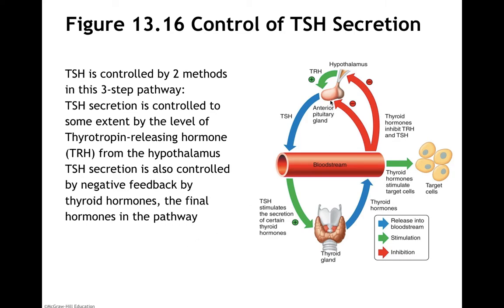So the hypothalamus can release TRH that would cause TSH to be released from the anterior pituitary, and that would cause the thyroid gland to release its thyroid hormones, and those thyroid hormones would further inhibit the release.